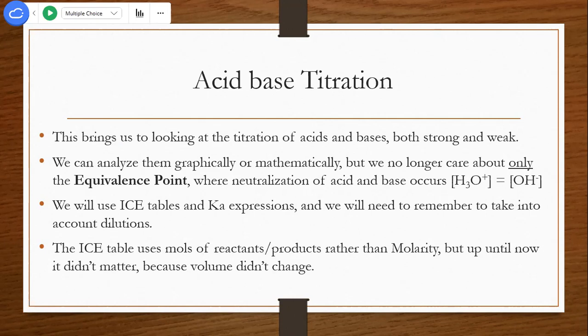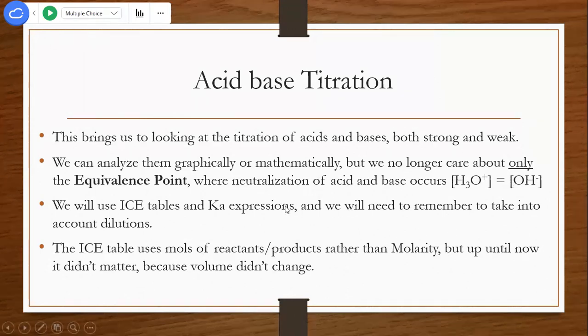At some point, we'll reach the equivalence point where the amount of acid and base are equal. Since we're titrating stepwise, especially with a pH meter, we're going to look at how the pH is changing. So we care about more than just the end point.